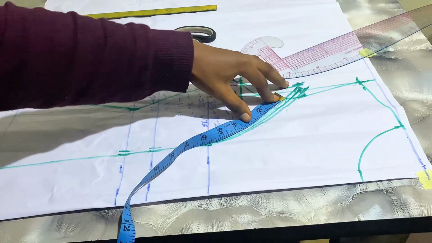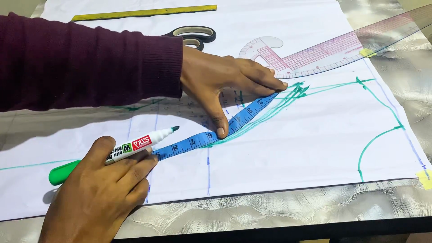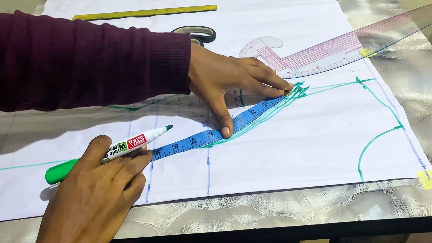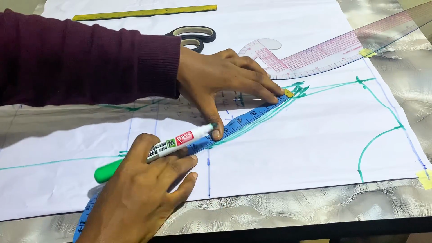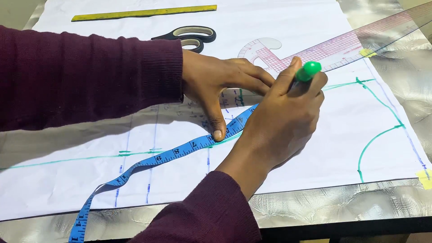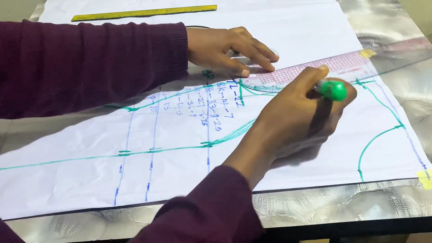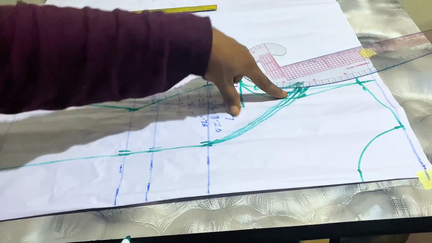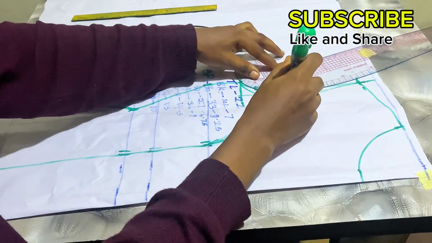To make it the same, we are going to extend. We want the line A and this line to be the same. So use your tape rule and mark this 6.1, and make sure it's the same. This is where our 6.1 ends. You're going to join the line that stops here to this place.